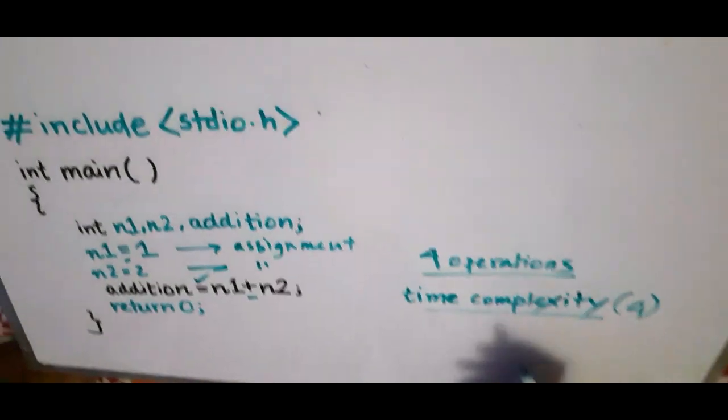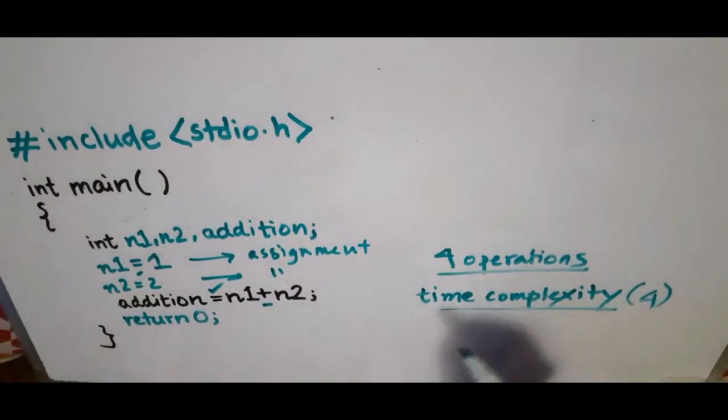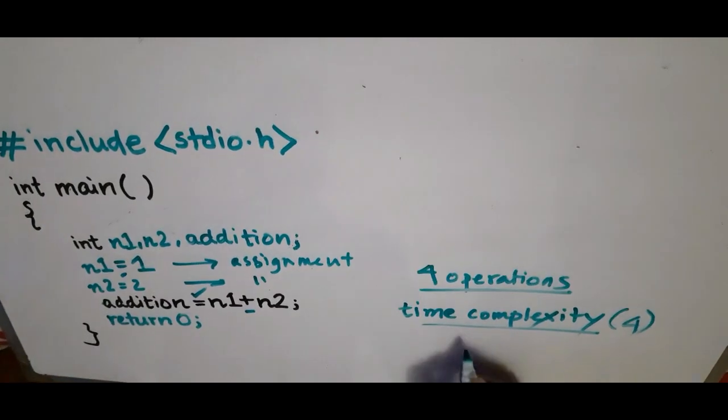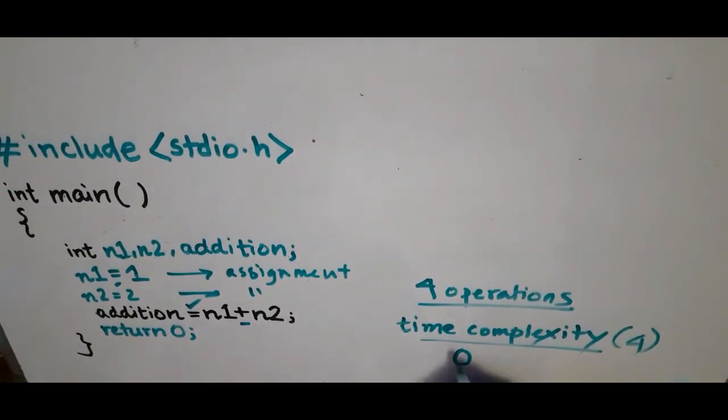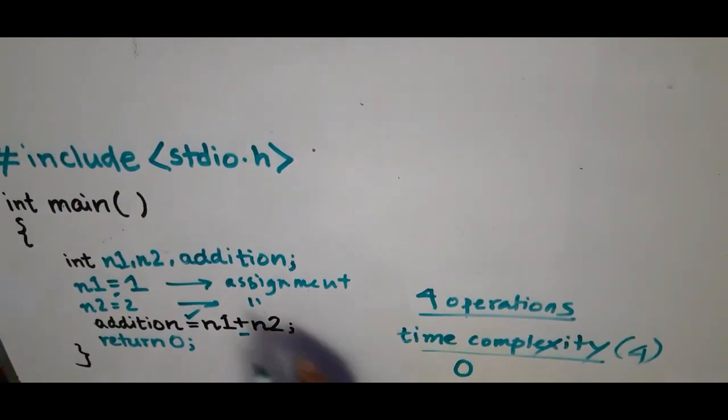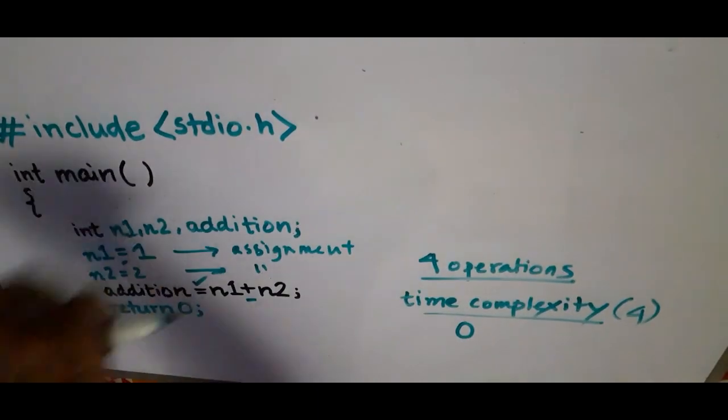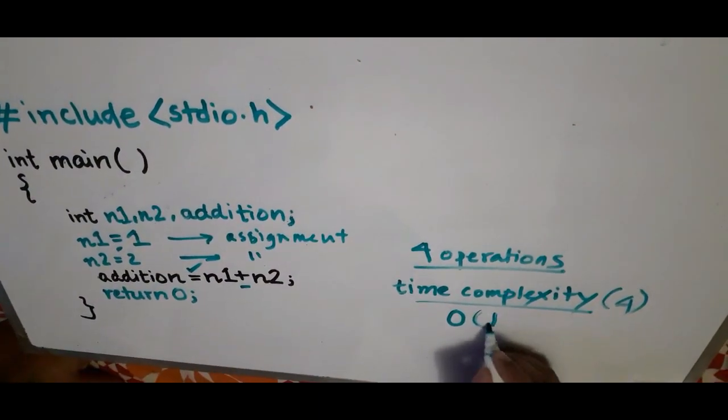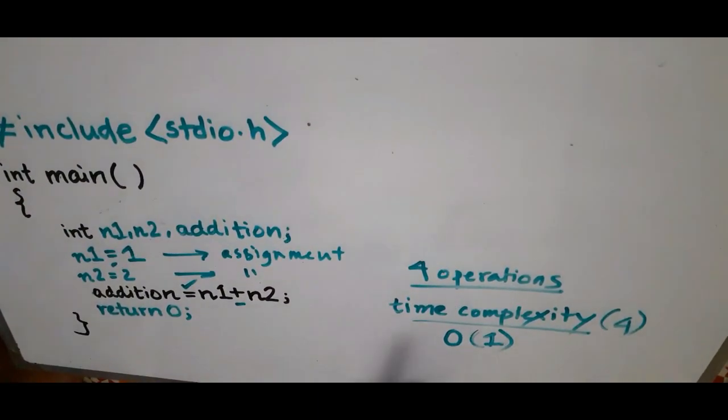The answer is no, the time complexity won't be 4. Time complexity is denoted with O, and the time complexity of this full problem is O of 1, or you can say order of 1.